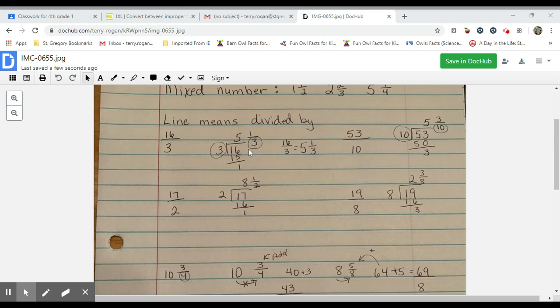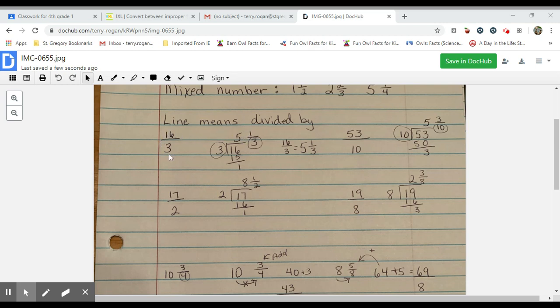The reason we put a 3 on the bottom is because that is what we were dealing with. We were dealing with thirds. We want to know how many whole pieces and then what fraction would be left over if we have 16 thirds. Well, we would have 5 whole things with 1/3 left over.